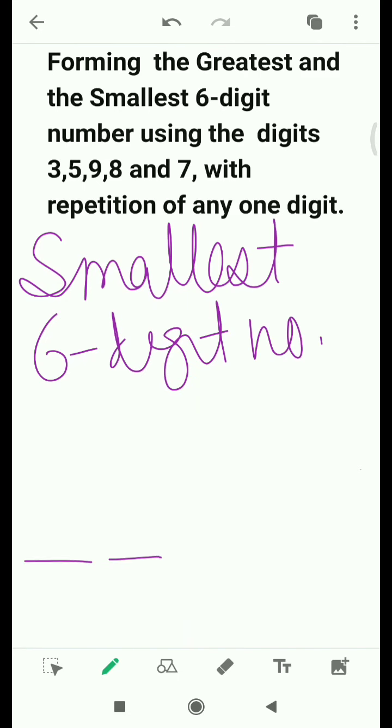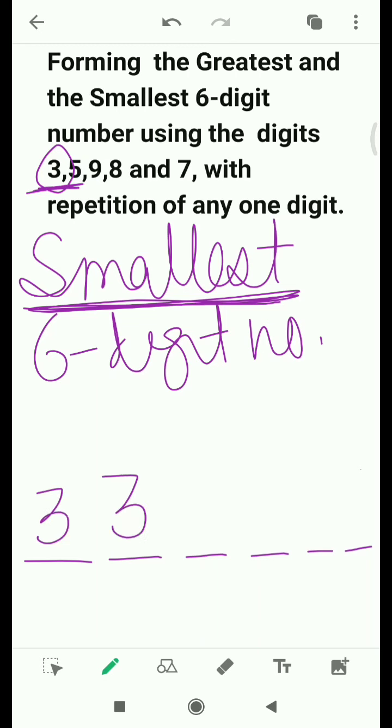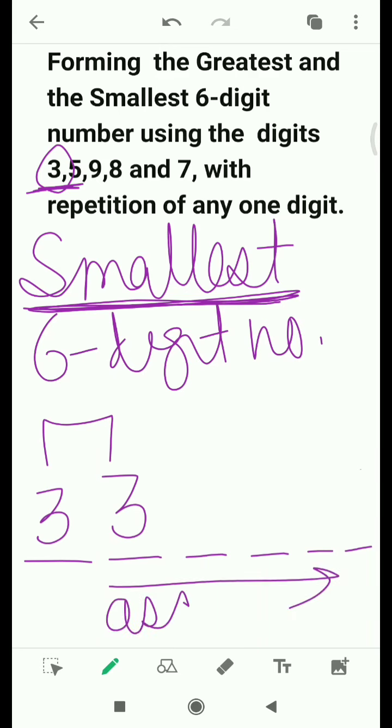First of all, mark the six place values like this. Now, we have to make the smallest number, so choose the smallest digit. Since we have one digit less, we will repeat the smallest digit. No need to repeat any other. Now, since the smallest digit has already come here, the rest of the digits will be arranged in ascending order, right?